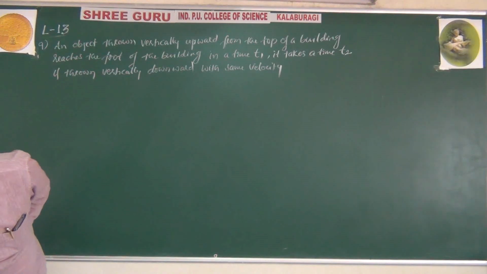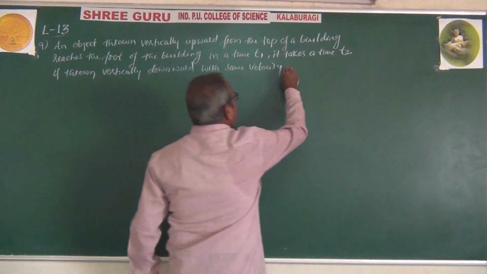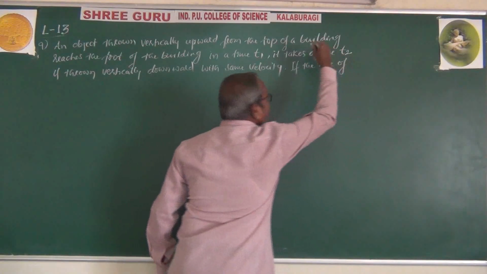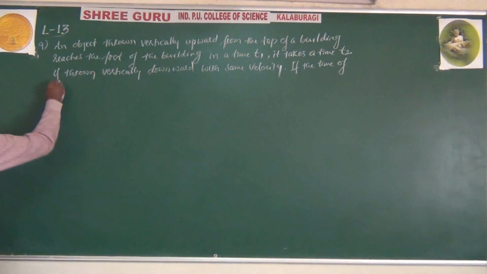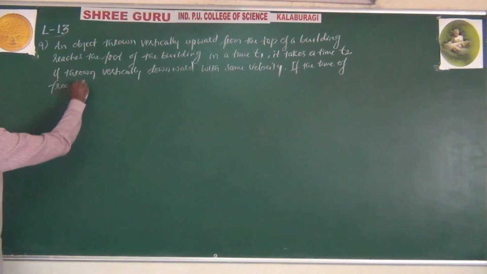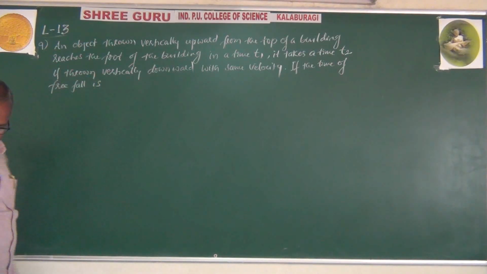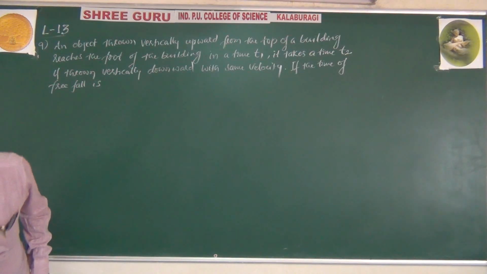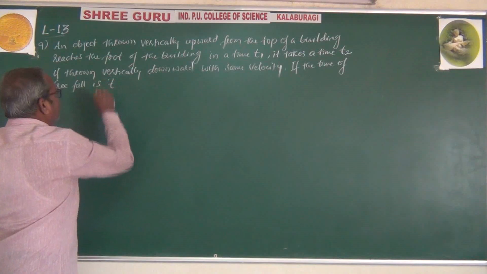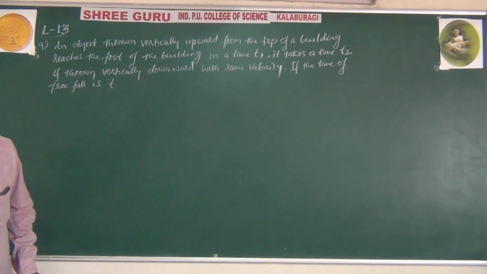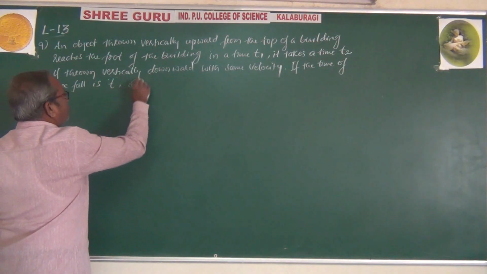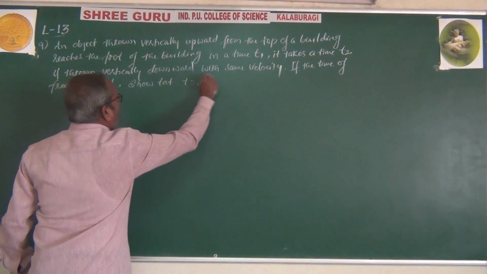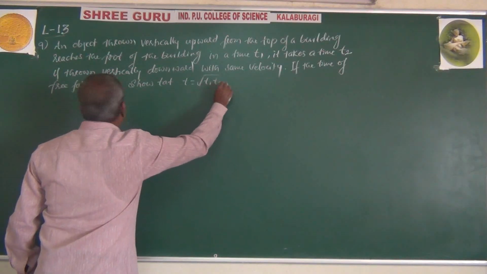If the time of free fall is t, then show that t equal to root of t1 t2.